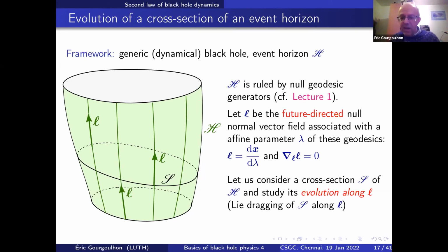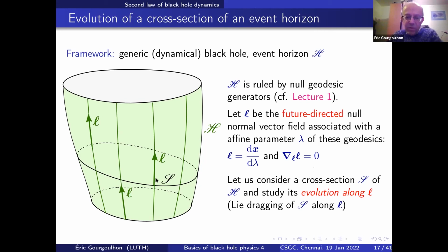What I'm saying is that if I don't require L to be related to the two Killing vectors such that L is psi plus omega h eta, if I get rid of this relation, I mean, if I allow myself to rescale L, then I can choose the rescaling such that this is fulfilled. Okay, so this is such a normal. I rescale it so that I'm sure it's a geodesic vector and not only a pre-geodesic vector.